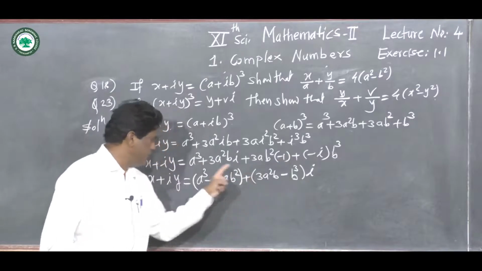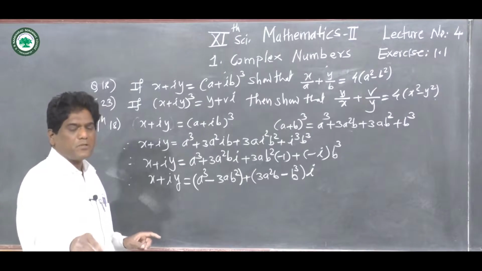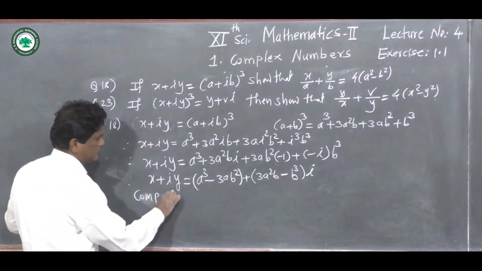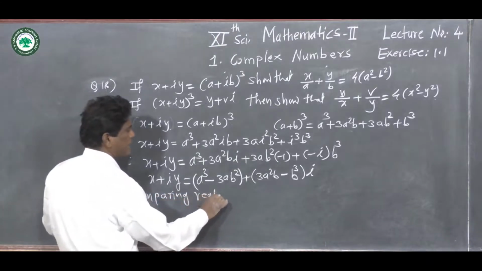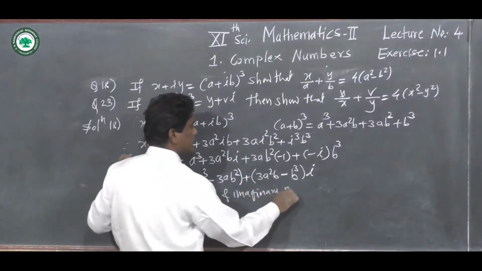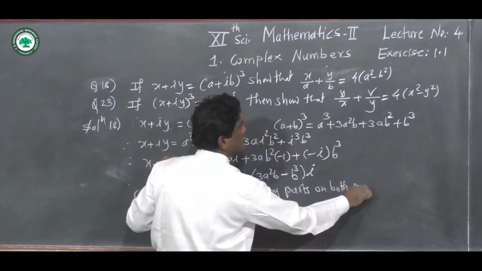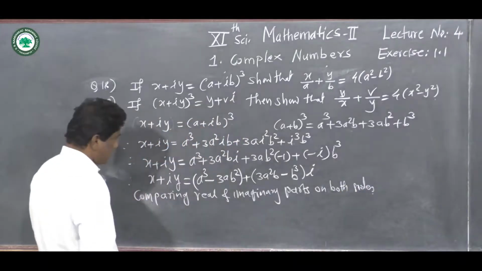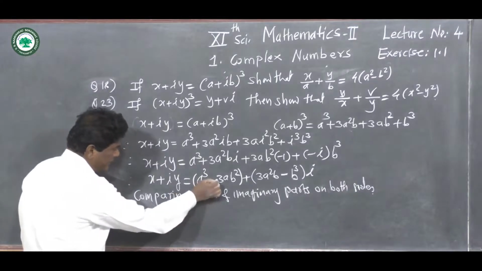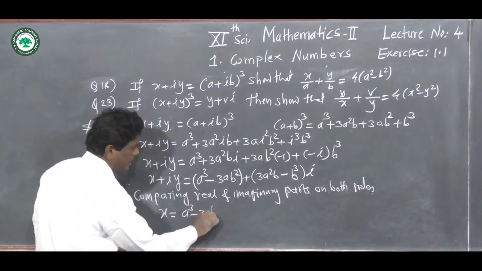So comparing real parts and imaginary parts on both sides, we get x is equal to the real part, a^3 minus 3ab^2.